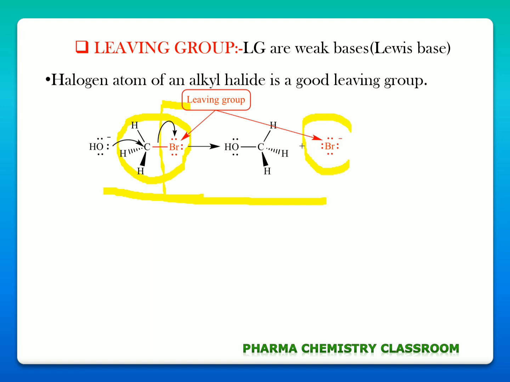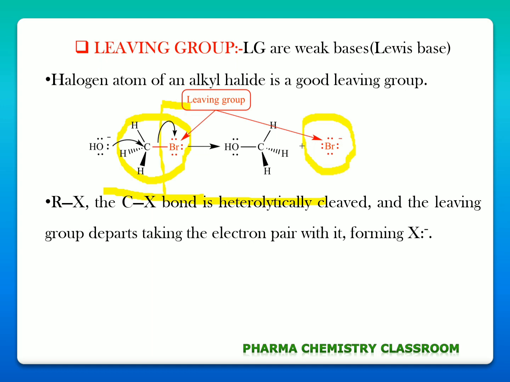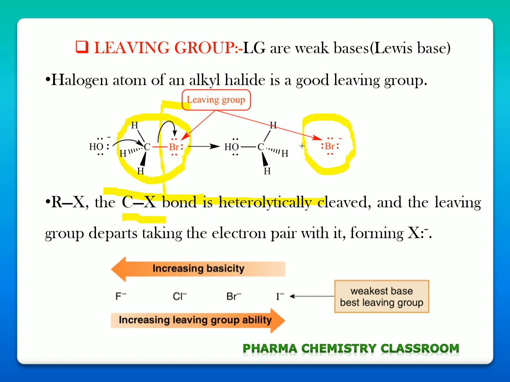This halogen on the alkyl halide is a leaving group. Now how are leaving groups formed? Leaving groups are formed by heterolytic bond cleavage between carbon and halogen. And after this bond cleavage, the halogen atom takes the electron pair with it.